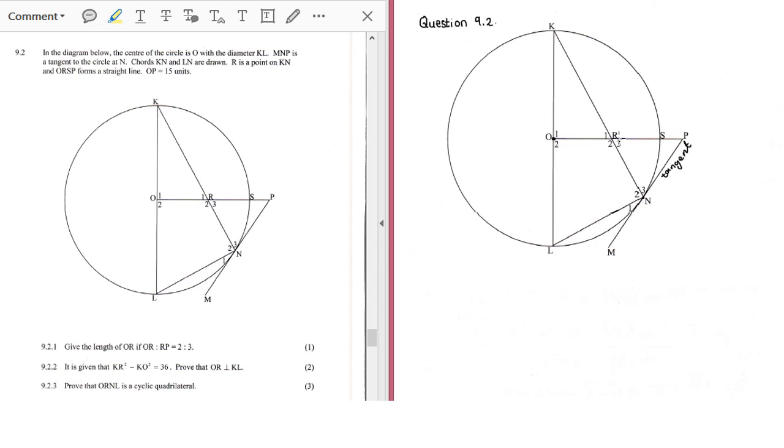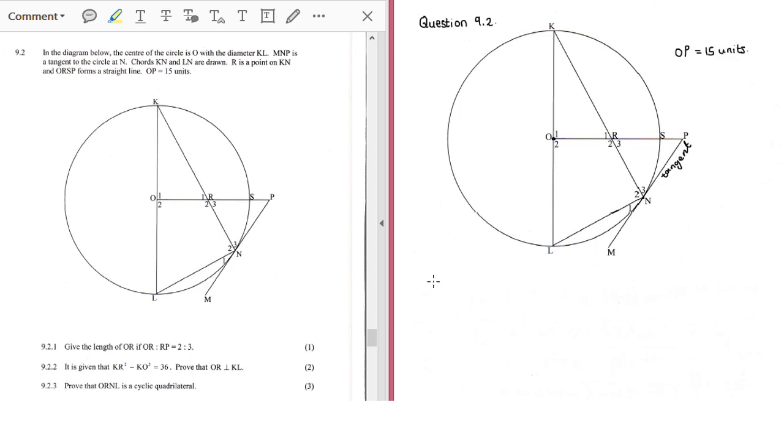So things like adjacent angles on a straight line are supplementary, or vertically opposite angles are equal. That now establishes that relationship. And we also have that the length OP is equal to 15 units.